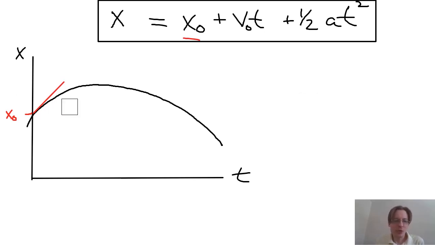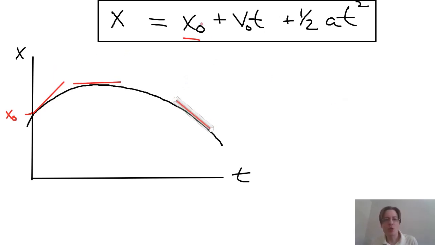And in fact, on this graph, notice how the velocity starts positive, then it goes to 0 velocity, and then later on, the velocity is actually negative. The slope is now negative over here.